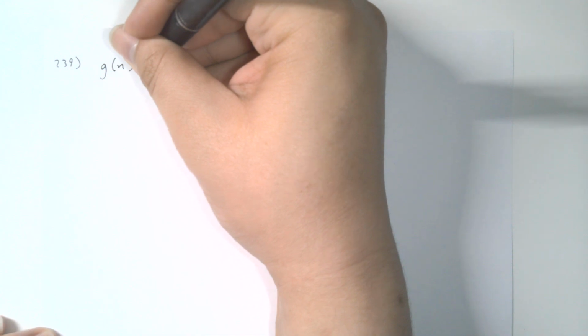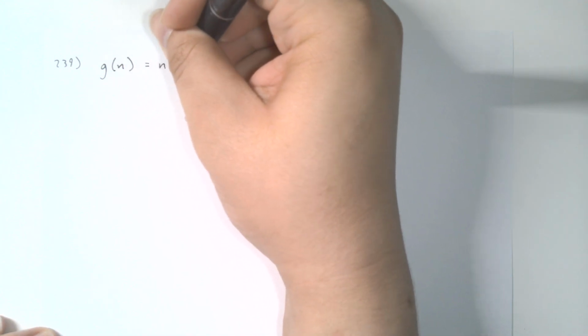So the last two on this section, this is not something that's covered on your exam, but I think it's a common enough question that you may see, and I think it's worth talking about. So this is called a linear combination, but basically we have for number 239, g of n is equal to n squared plus 2.